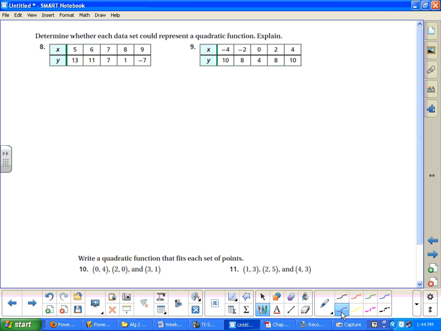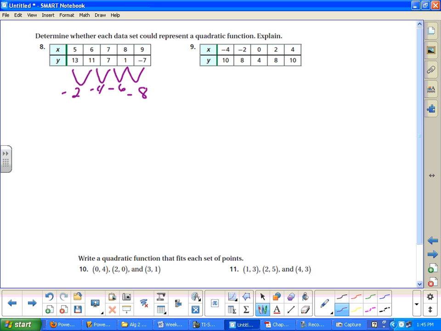All right, so for number 8, we're checking to see if the x values are linear, first of all, and then we're doing the differences. Okay, so the first difference is negative 7 minus 1, negative 8. 1 minus 7 is negative 6. 7 minus 11 is negative 4.